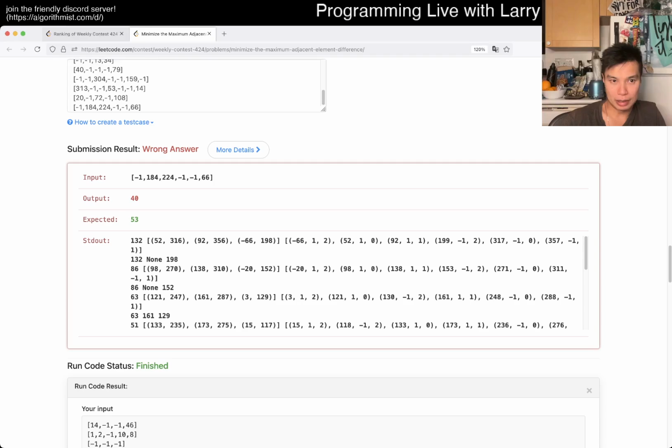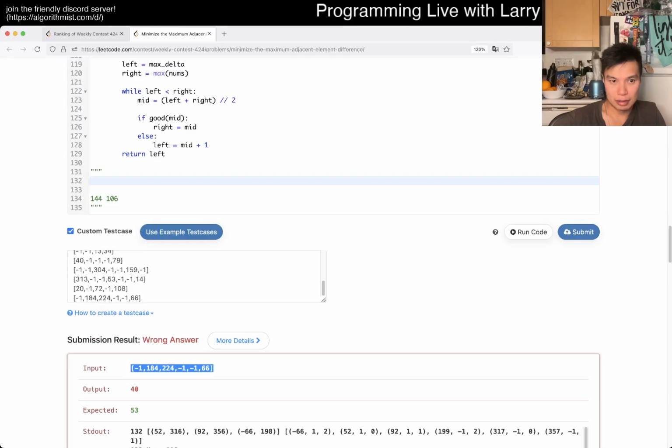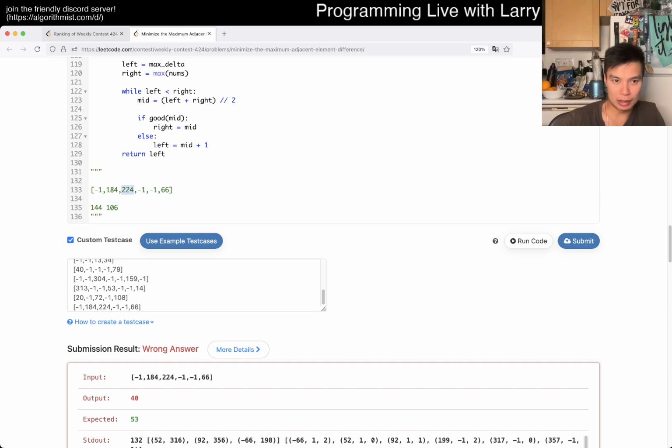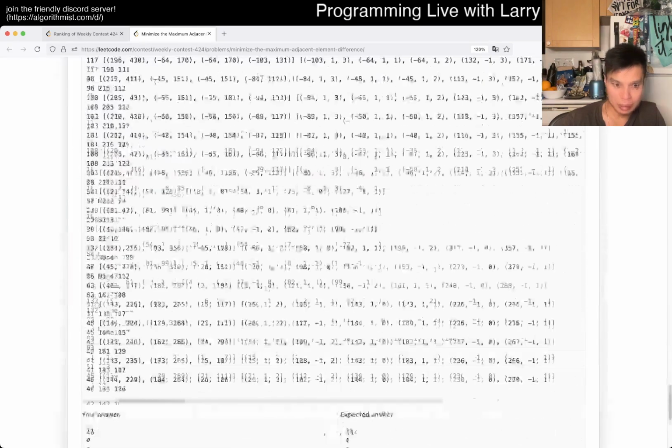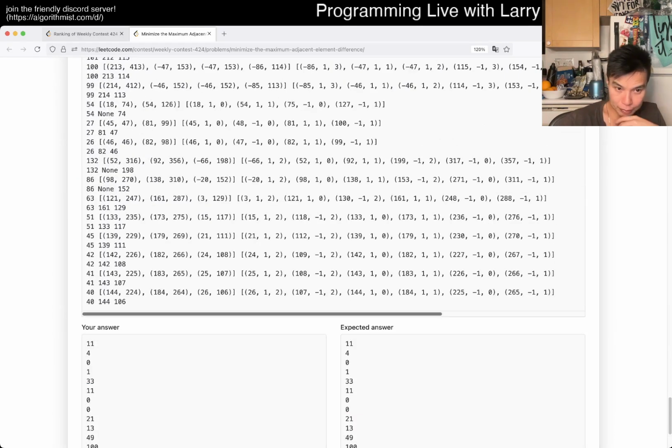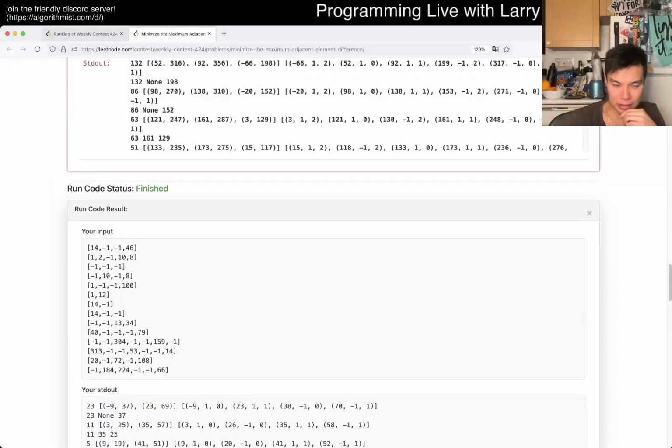Because we have this sequence. I mean, yeah, this thing is 40, but 224 minus 114 is already too bad. These are the intervals that it thinks it needs. Oh, because it thinks that the adjacent intervals... wait, is that true?